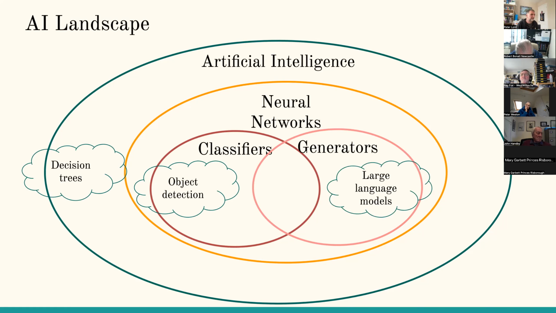And very recently, we've had this new form of artificial intelligence using neural networks called generators, or generative AI, particularly large language models. And somewhere in the middle, we've got this thing called general intelligence. So today we're going to talk initially about these classifiers of neural networks and then gradually sneak over to this more modern generative AI. Hopefully that sets the scene for what we're going to talk about today.